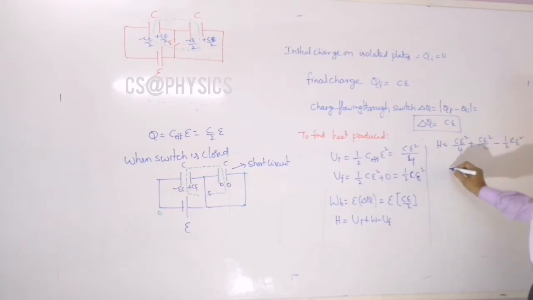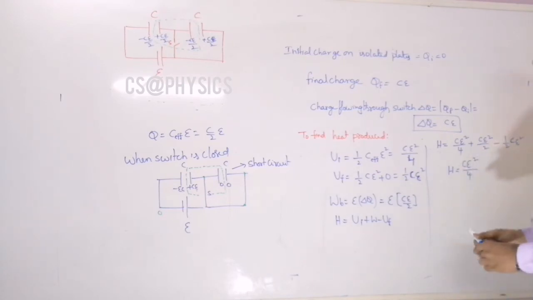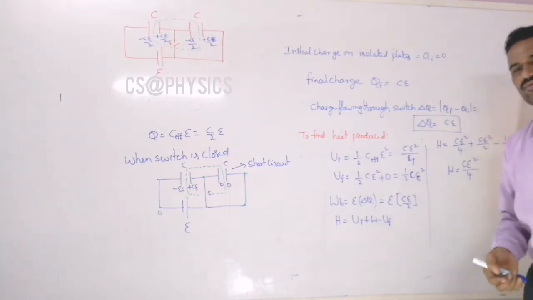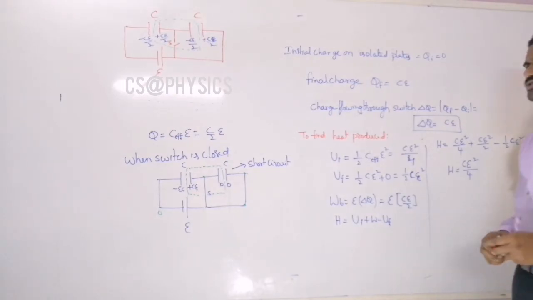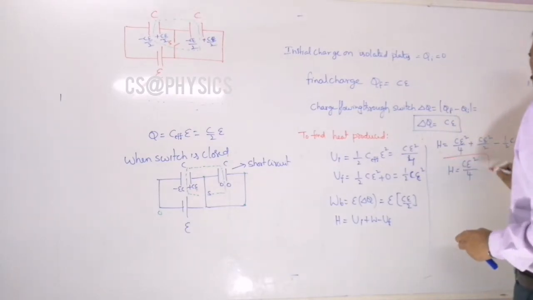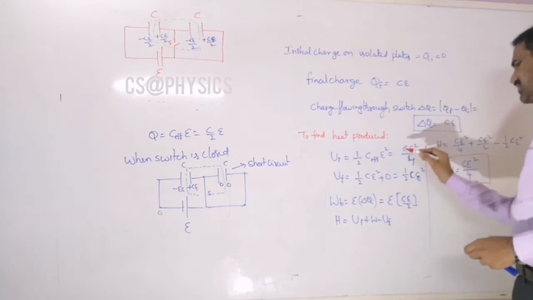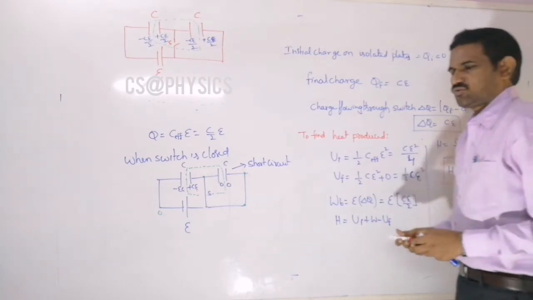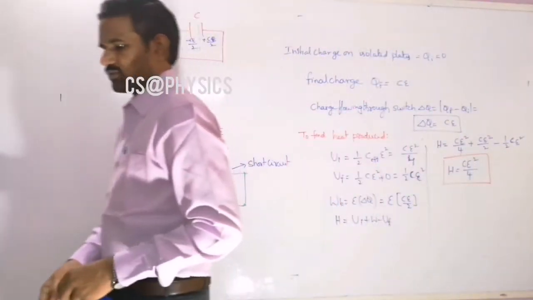Therefore the heat produced in that circuit is CE square by 4. That is the amount of heat produced in the circuit. These heat calculations are the same as what we discussed in the last class. We need to calculate these values to find the heat produced in the circuit.